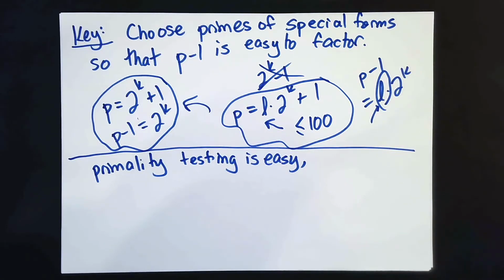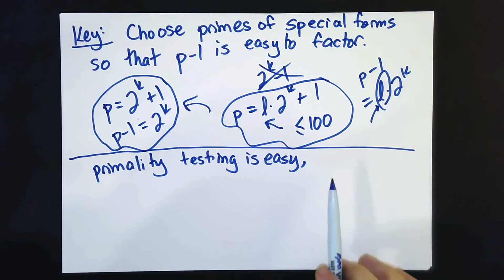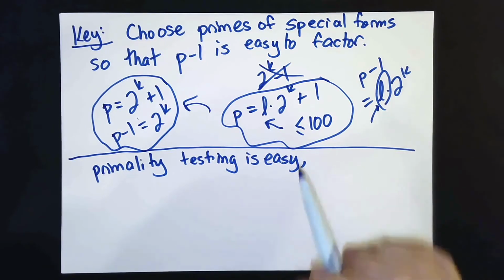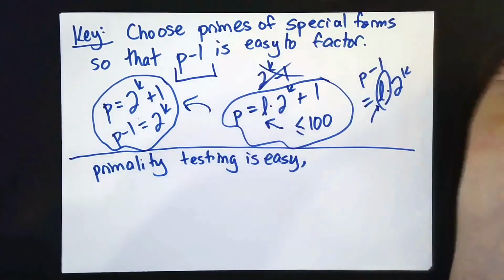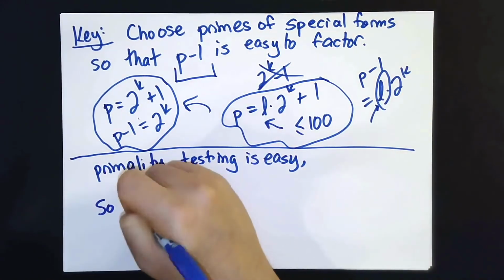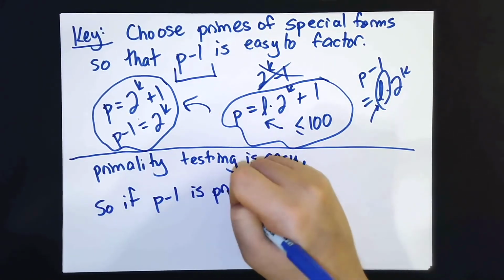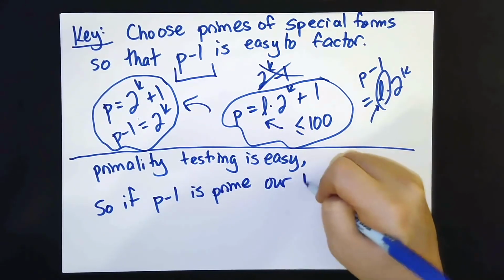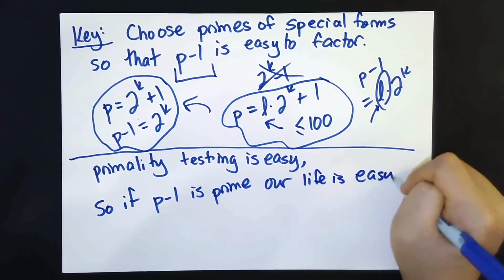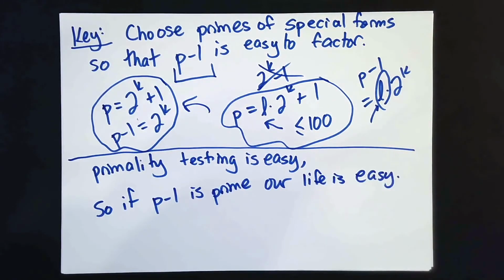And so as a result, another way we might simplify our lives is to find a case where p minus 1 is prime. Again, let me just walk you through that. If p minus 1 is prime, then I can just figure out that p minus 1 is prime. And then I know how to factor p minus 1 because it just factors p minus 1.